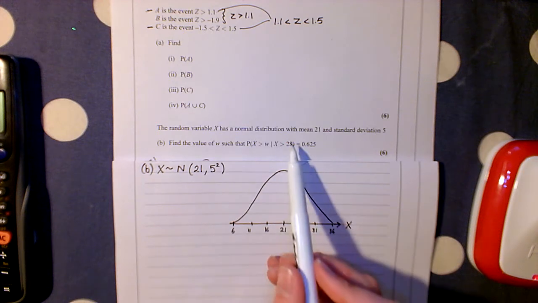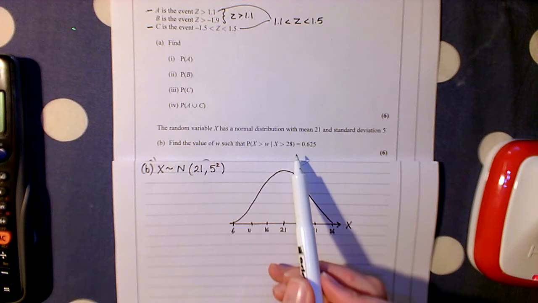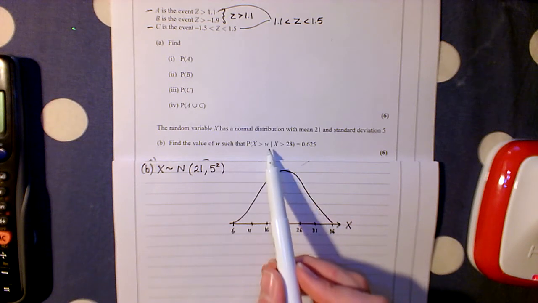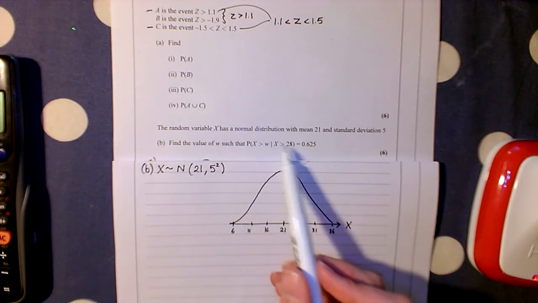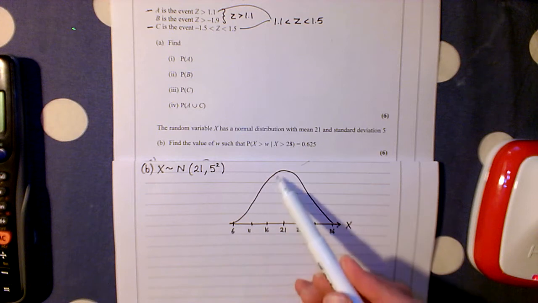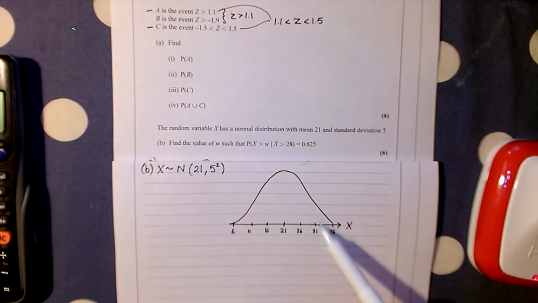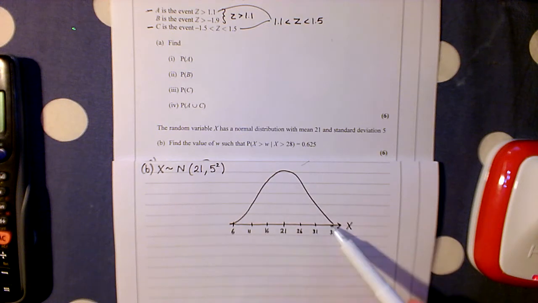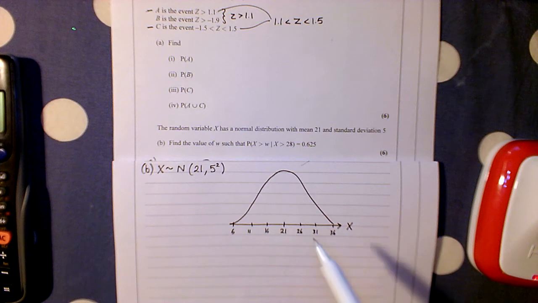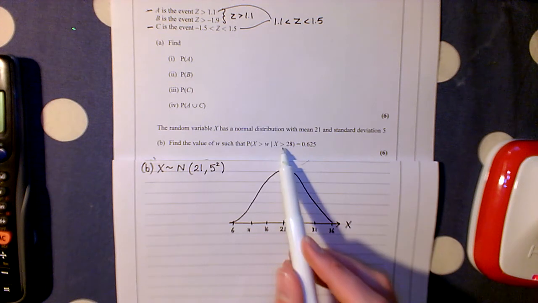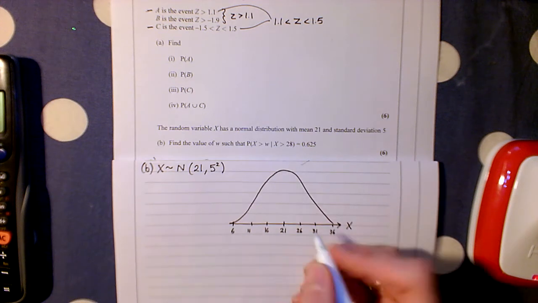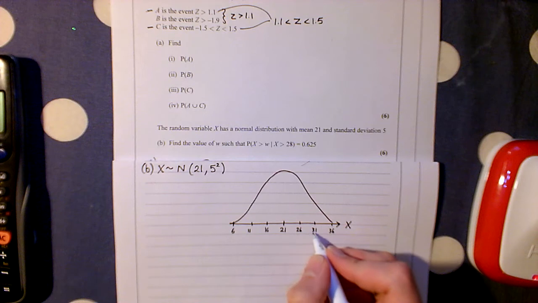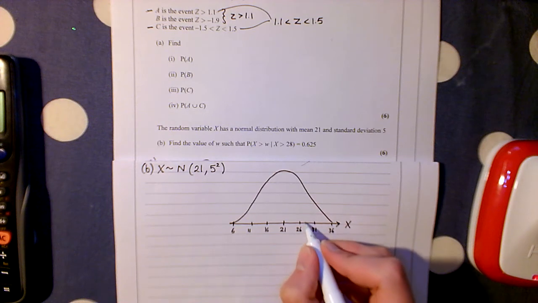Now, the next thing to do is go to the given section of the probability. It says, given that x is greater than 28. So we're not out of 1. We're not out of this whole proportion. We're out of x being greater than 28. So 28 would be about here.